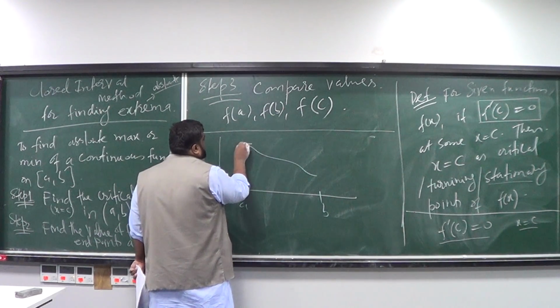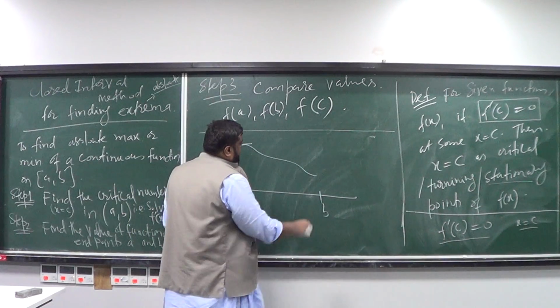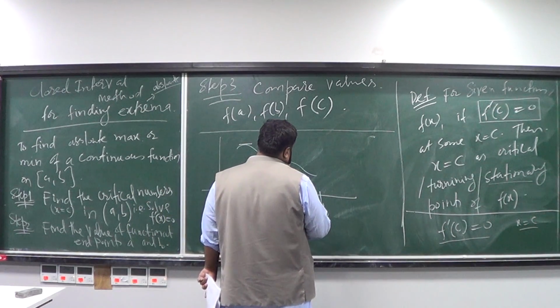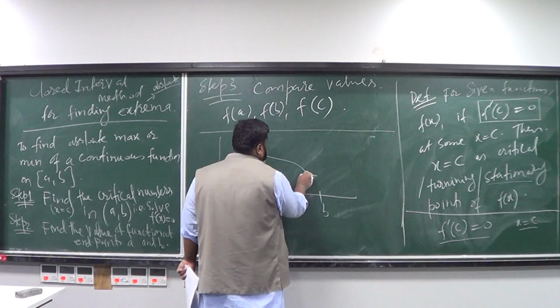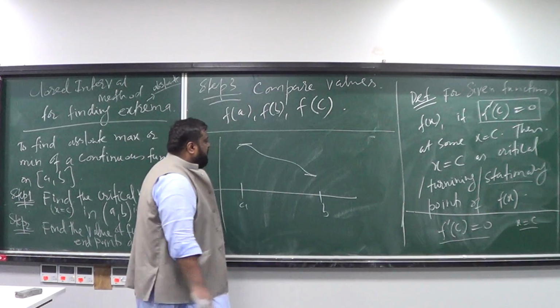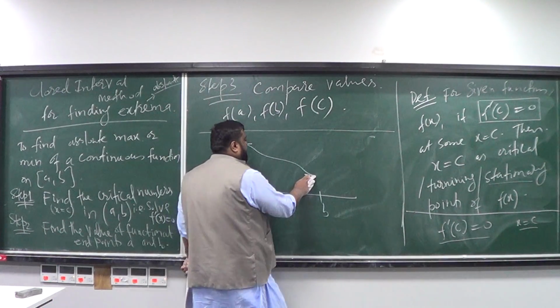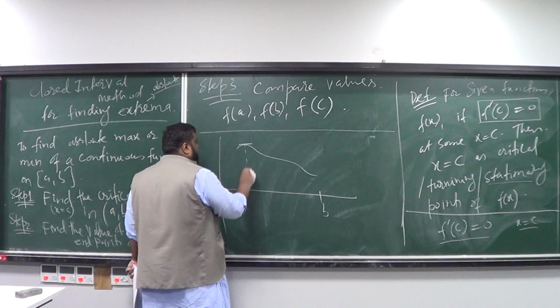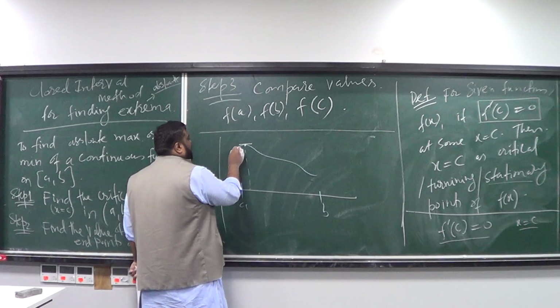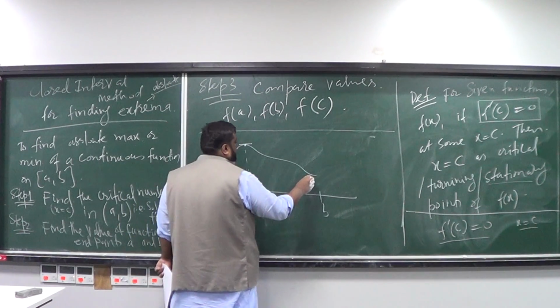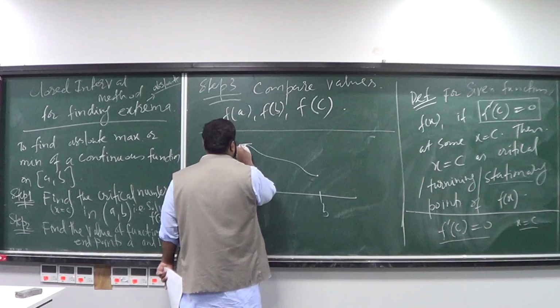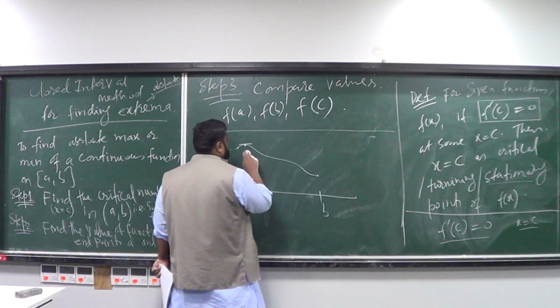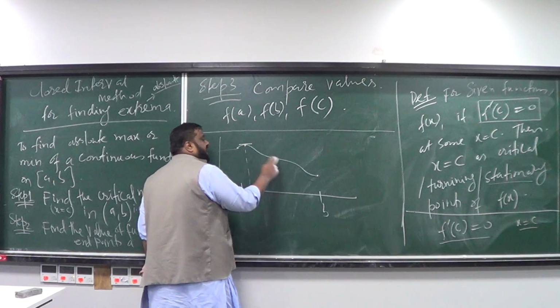You have one critical point here and maybe one critical point here, something like that. So you have these 2 critical points, or maybe there is only one critical point. Now, if you compare this value with these values, you will see this is the maximum and this is the minimum.